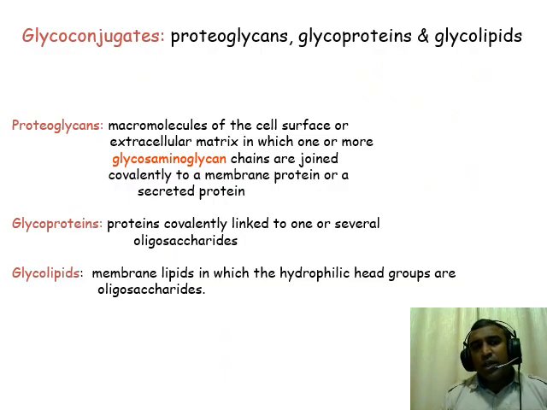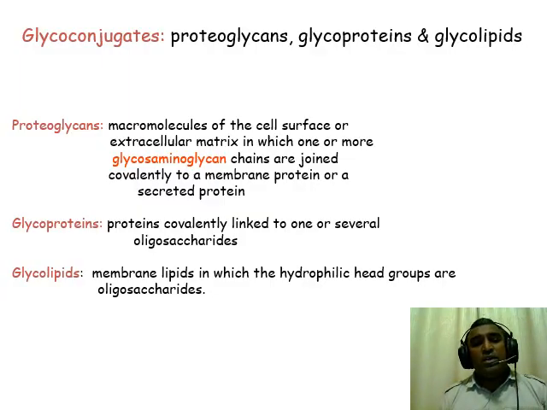Next we look at conjugates. That means carbohydrates conjugated with protein, of which there are two, proteoglycan and glycoprotein, and also carbohydrates conjugated with lipid, that is glycolipid. The proteoglycan is found in the space outside of the cells, referred to as the extracellular matrix or ECM.